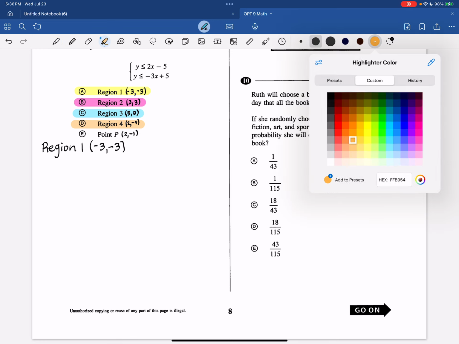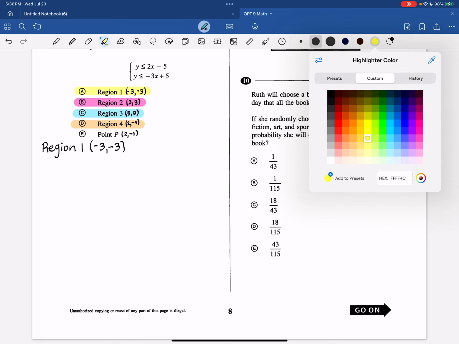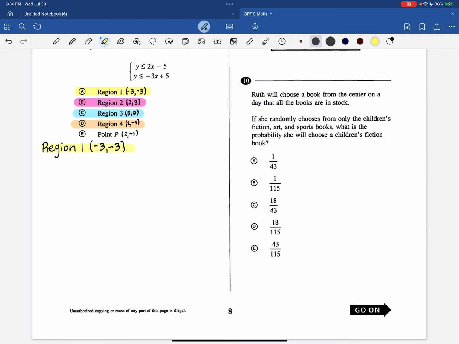So right now we are testing region 1. I'm going to take that first inequality, which is y is less than or equal to 2x minus 5. And I'm going to substitute in the point. So y is negative 3. x is also negative 3. And I have a minus 5 out there.